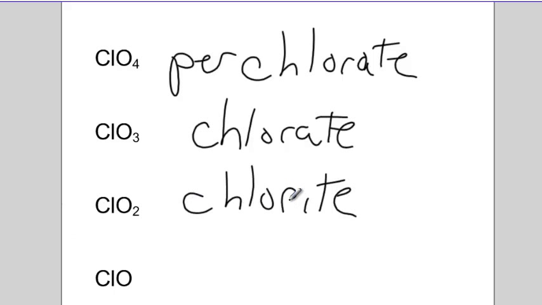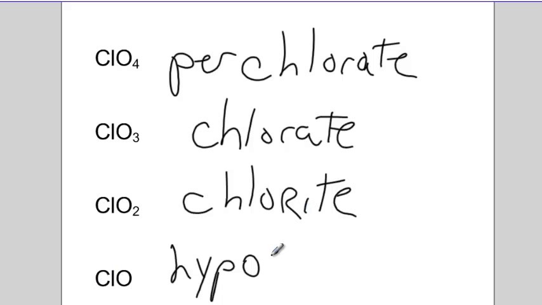One less oxygen than the ATE has a suffix of ITE. So this guy is chlorite. Two less oxygens than the ATE has a prefix of hypo, and still that ITE ending.